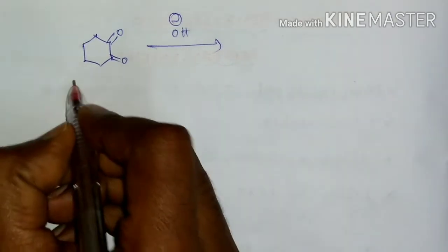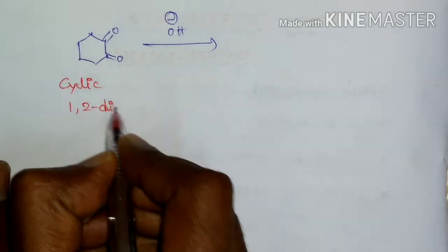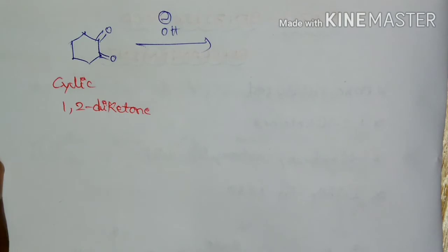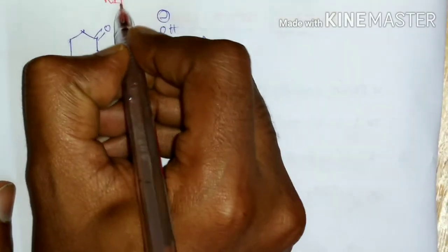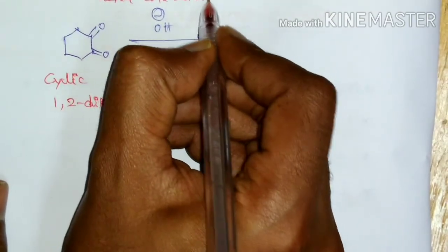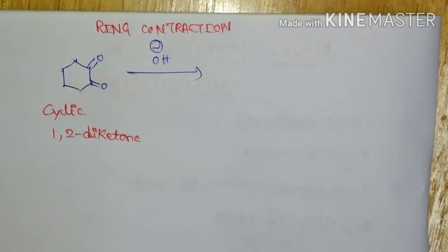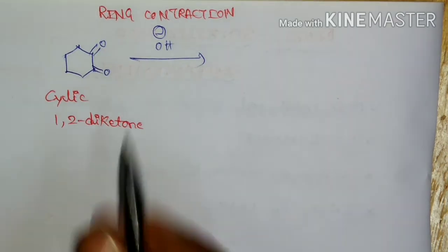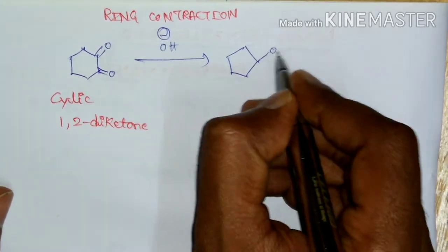If we take a cyclic 1,2-diketone and treat it with base, ring contraction will take place. If we take a 6-membered ring, we are going to get a 5-membered ring system.